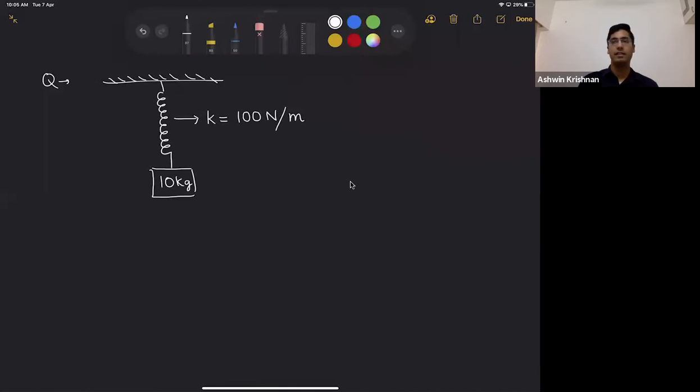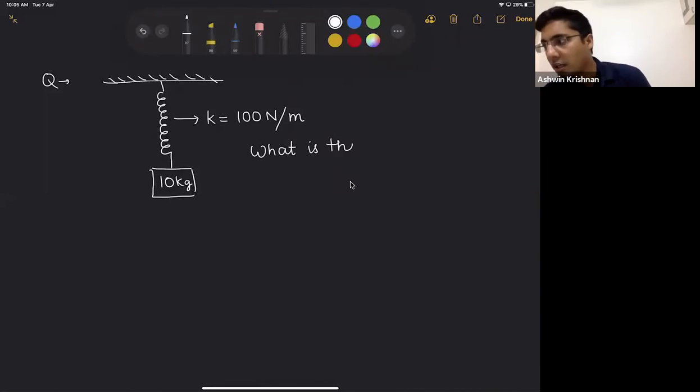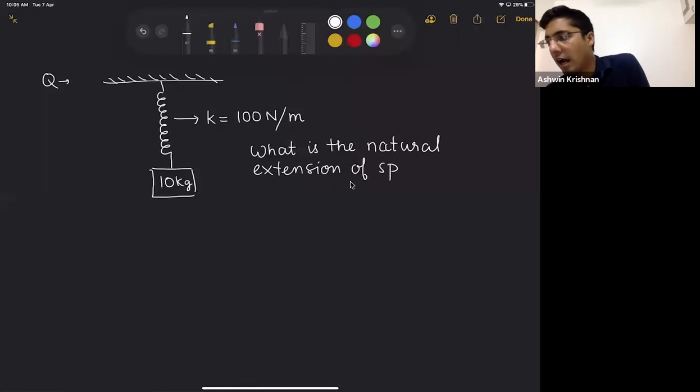Let's assume that K equals 100 Newtons per meter. My question to you is, what is the natural extension of the spring at equilibrium?